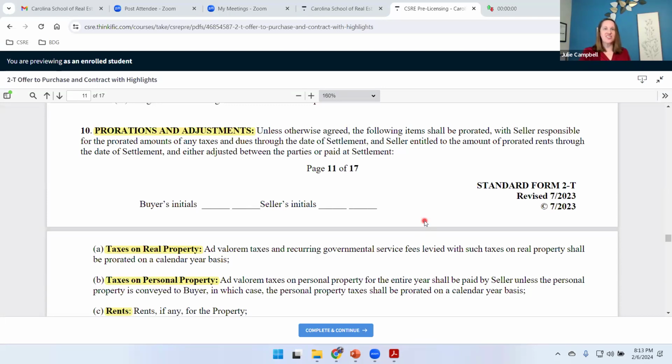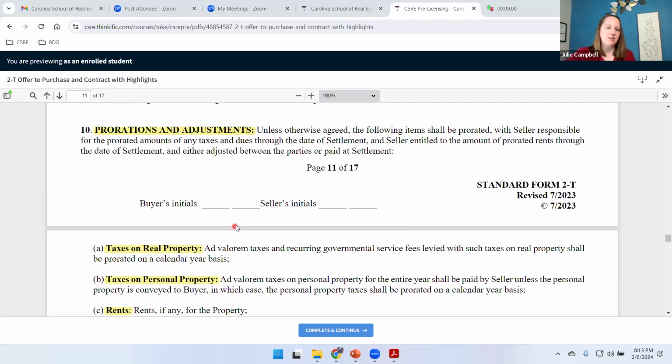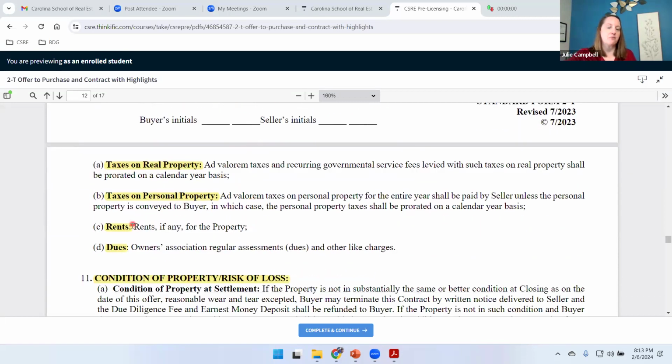If you buy my house today, it's not fair for either one of us to be responsible for the entire year's tax bill. So we're going to make it fair by prorating. So taxes on real property, taxes on personal property, we may prorate rent if there's a tenant involved, we may also prorate HOA, Owners Association dues.